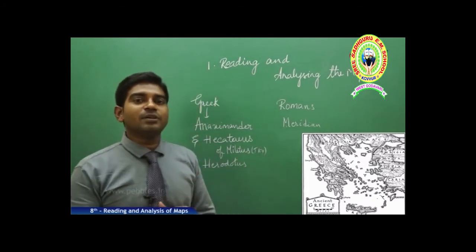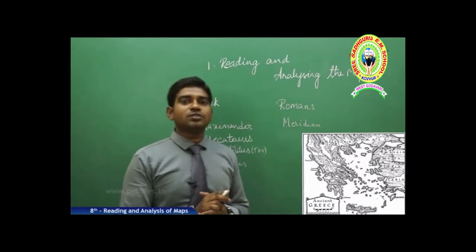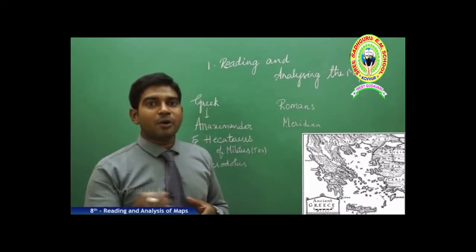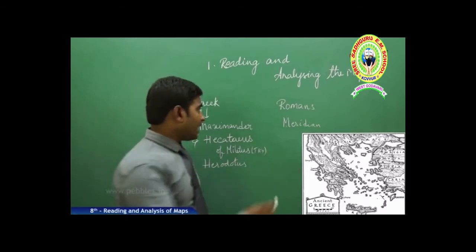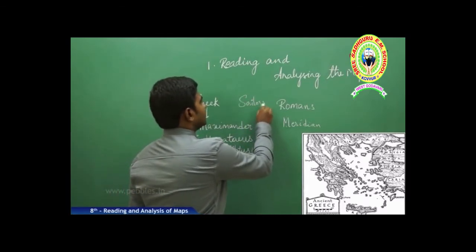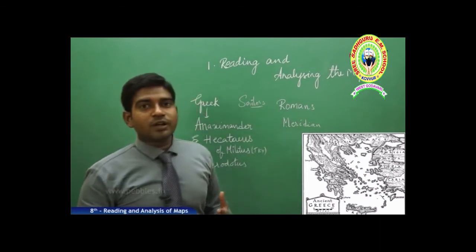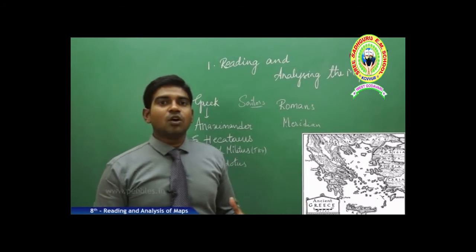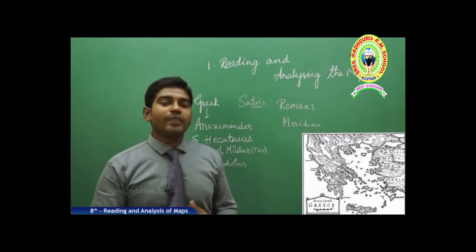What was necessary for them to find out about the locations of other places? Here we have to remember one point: we have sailors. The sailors moved from one place to another in order to do their business and merchandise.